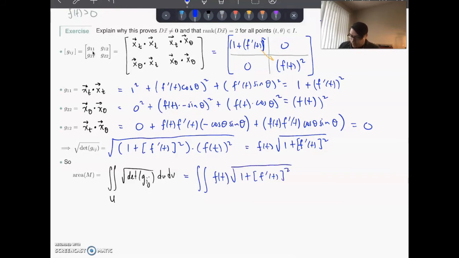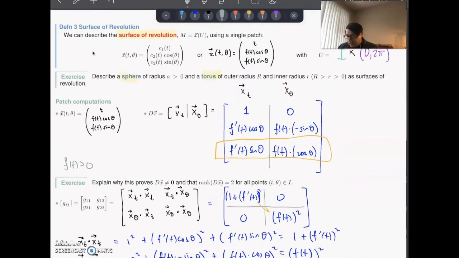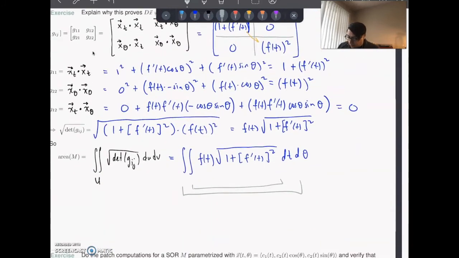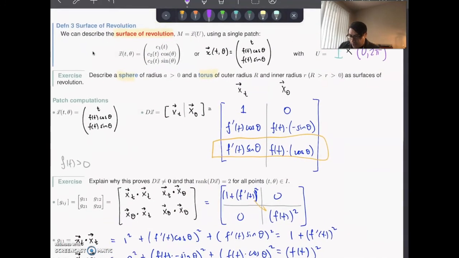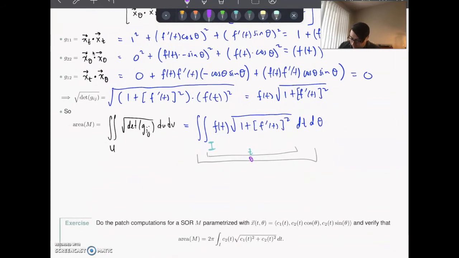Okay, and let's say maybe dt d theta. All right, so as before, let's do our variable t first. What is it? We don't know what the interval is, so why don't we just write it like this? Over the interval I, whatever that is, since that's our t. And our variable theta, if we double check how I defined it, it's going to be 0 to 2 pi.